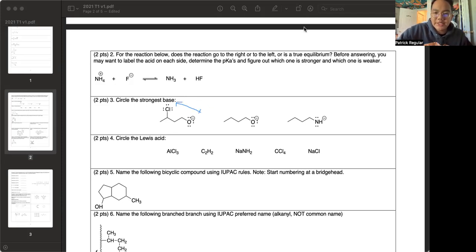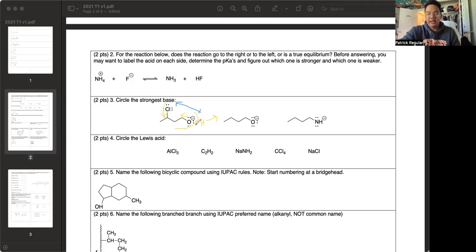So if electron density is being pulled towards chlorine, that hydrogen is being deactivated more, because all that electron density cloud in this bond is going that way. So the hydrogen will leave. It is a lot more protic, which means it's a stronger acid, with a weaker conjugate base. So it's not a strong base. So putting halogens on that alkane makes a stronger acid.